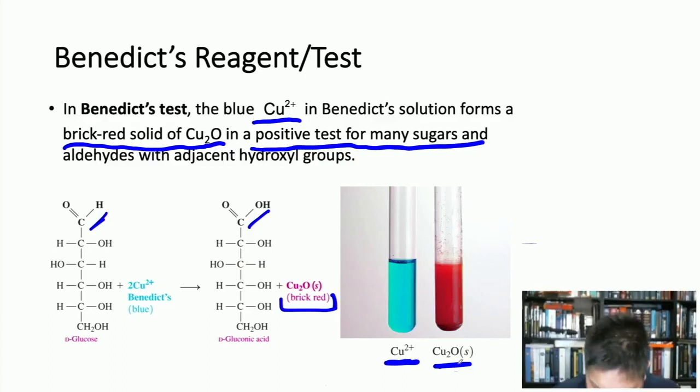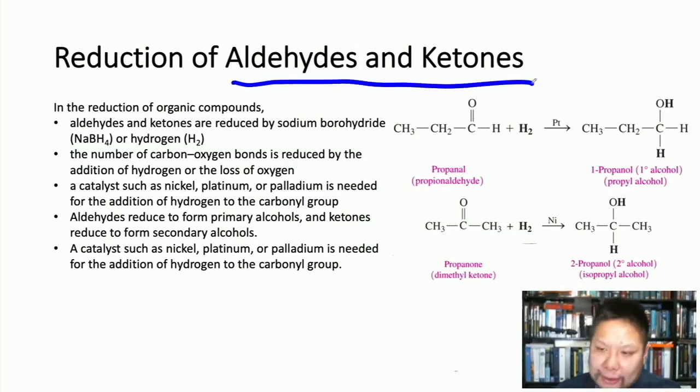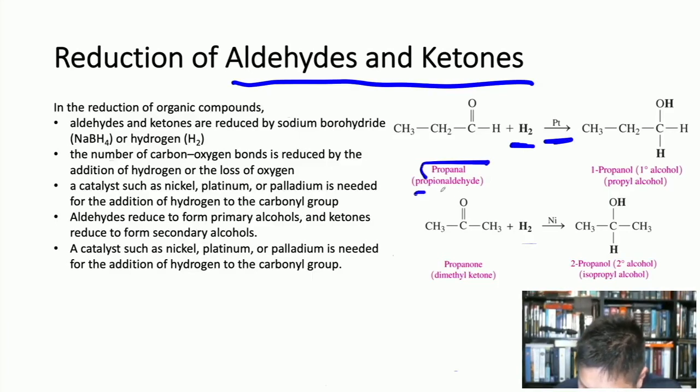And then we can also do reductions of aldehydes and ketones, right? We were oxidizing before with Benedict's and Tollens, but now we're going to reduce, okay? So for example here, in the presence of a platinum catalyst and some hydrogen gas, propionaldehyde can actually get reduced into a primary alcohol, or propyl alcohol, or 1-propanol right here.